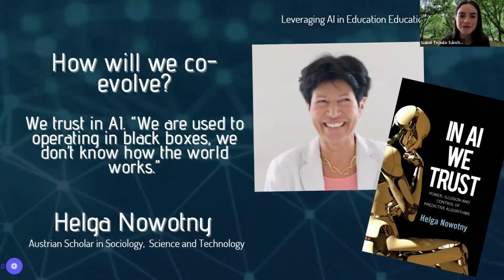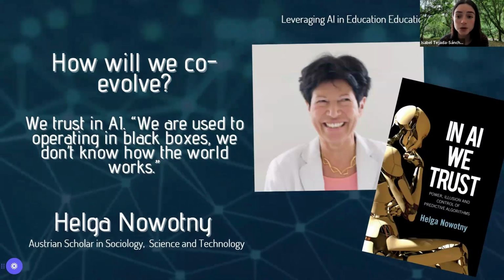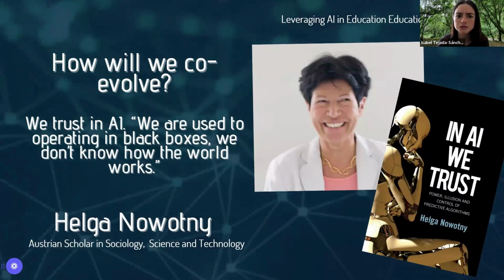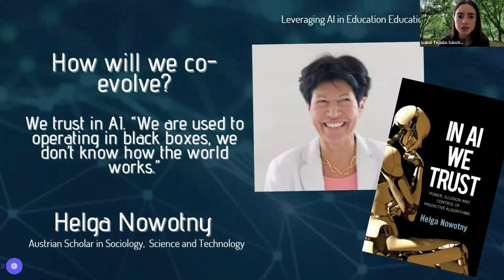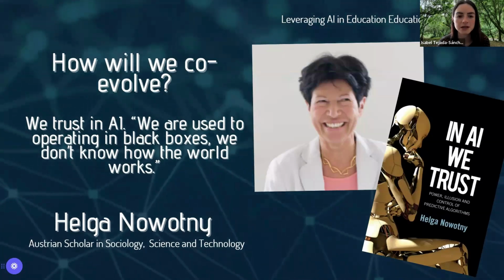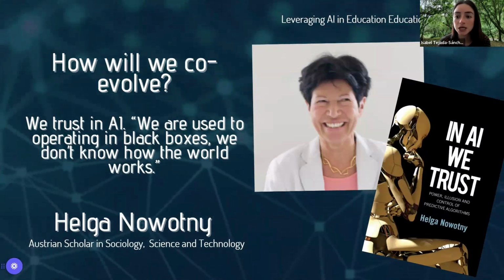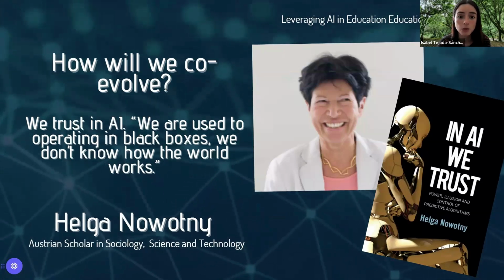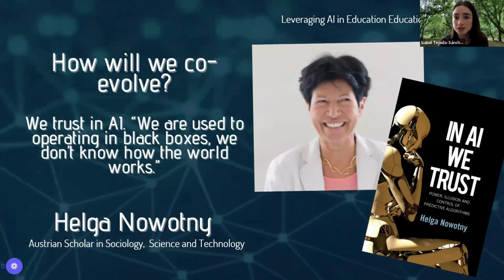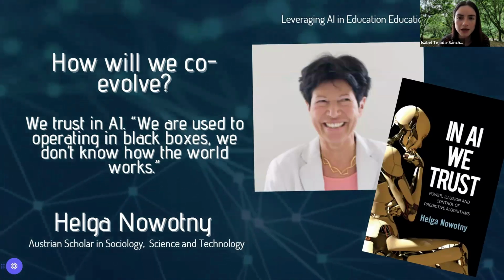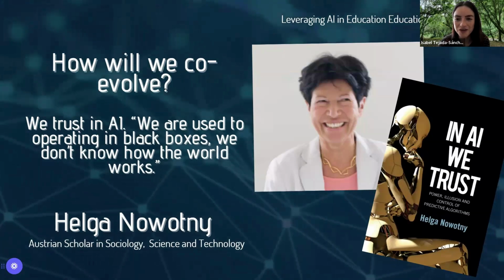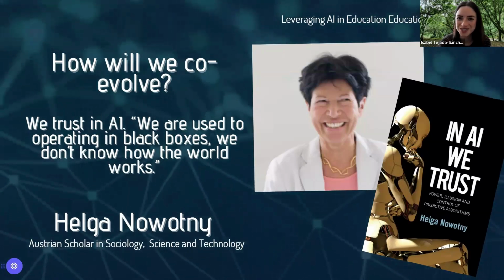And if you have the chance to come across her book, In AI We Trust, which was published way before ChatGPT was there, I think it is a fascinating book, because she says we need to really be aware of the fact that we are used to operating among black boxes of the world. We have no idea of how the majority of the world works.